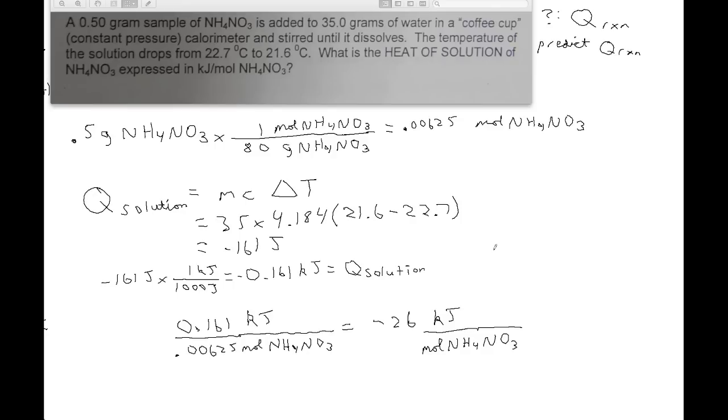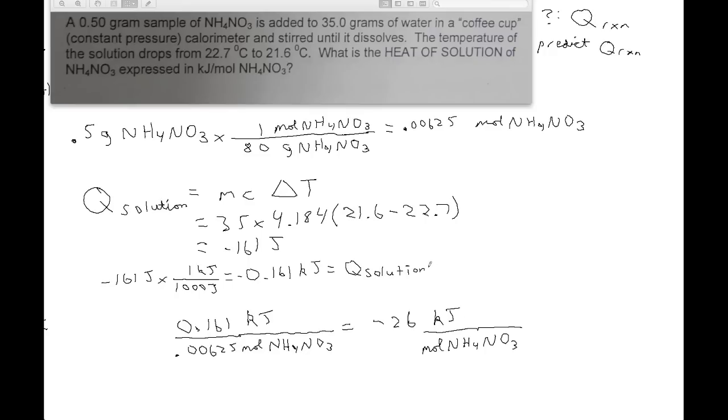So that means that our prediction, or my prediction where it was positive, was wrong, and that it should be negative. So my final answer is negative 26 kilojoules per 1 mole NH4NO3.